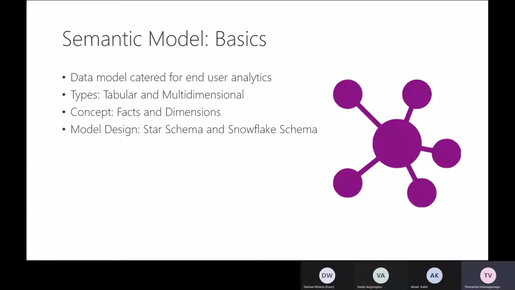Snowflake schema is a bit complicated compared to a star schema, and it's not the most optimized for analytical purposes. It is where dimensions have relationships with other dimensions as well, which adds a bit of complexity to the data model.